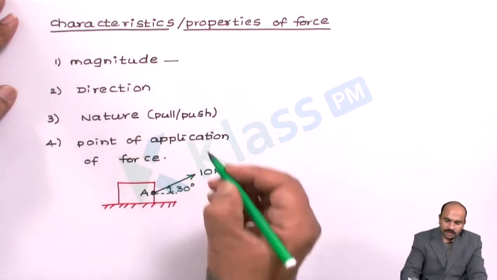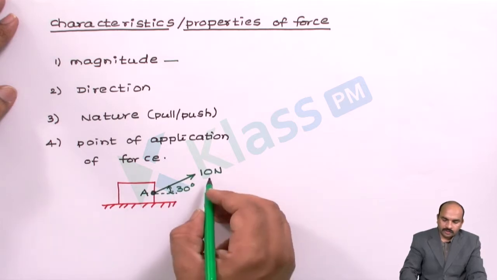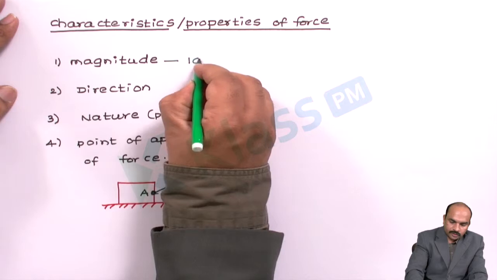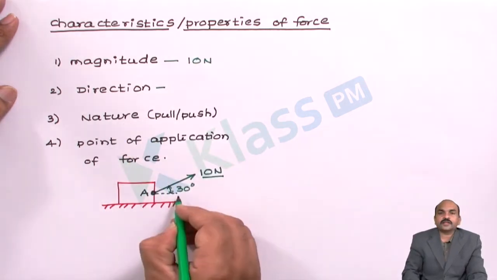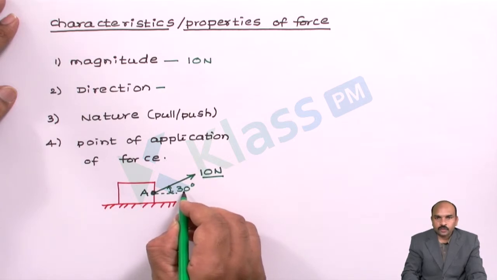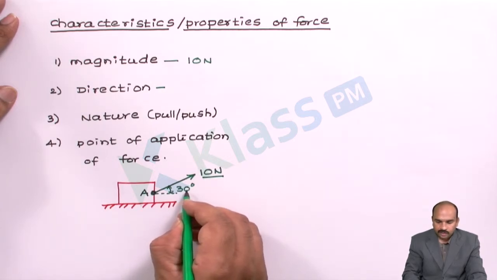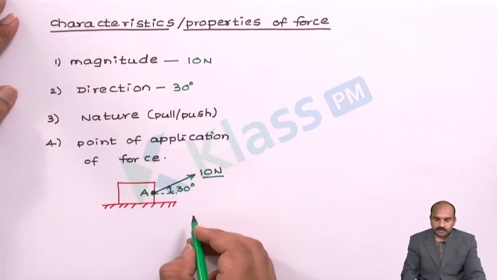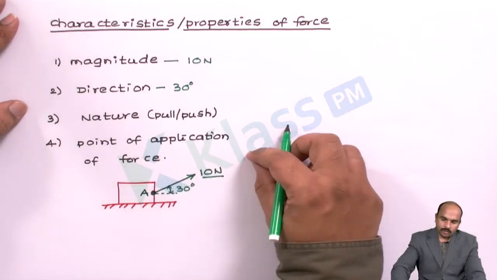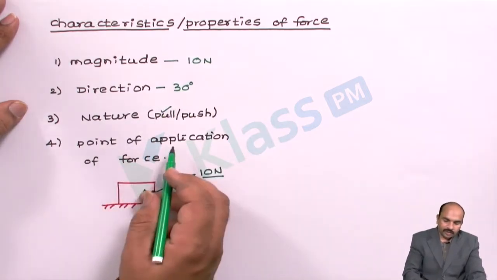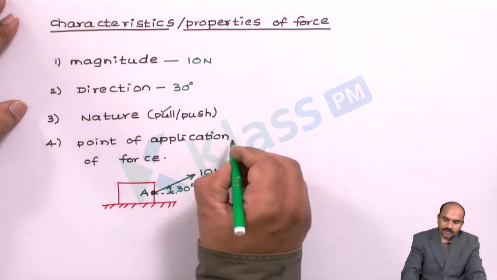One is the magnitude. What is the magnitude of force? 10 newtons is the magnitude of force. Then direction means here it is angle, that angle we say direction of that force, that is 30 degrees. Then the nature of the force, here it is a pulling force, so it will be pulling in nature. Then the point of application of force is A.